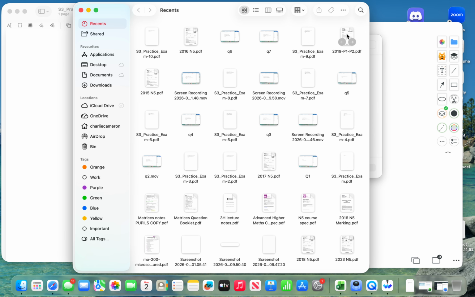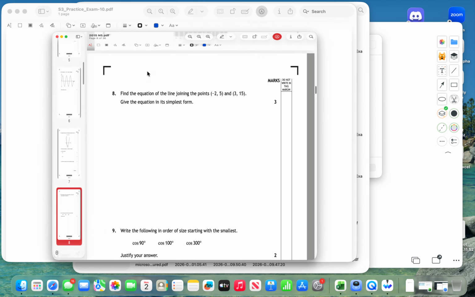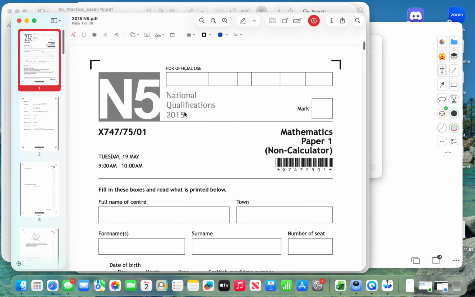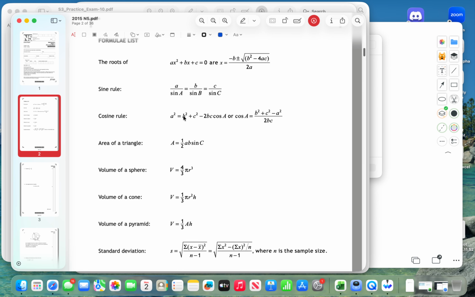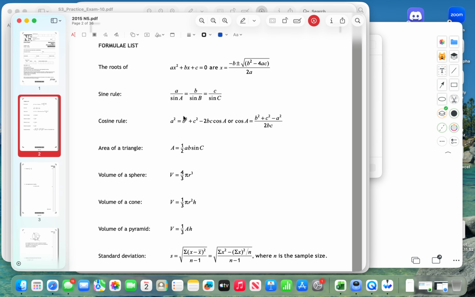I'm going to show you something on the formula sheet. This is an old paper, but at the front of the exam, you will be given these equations.